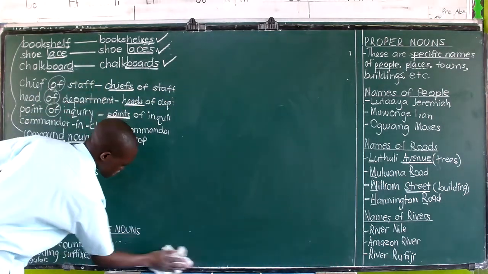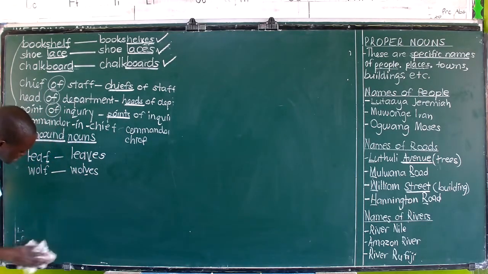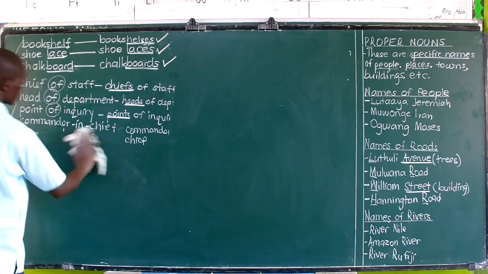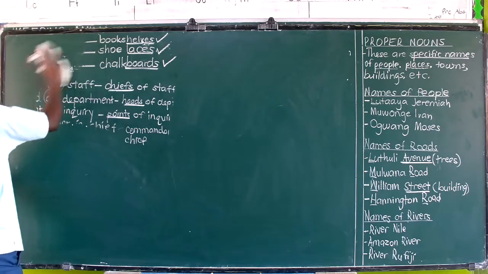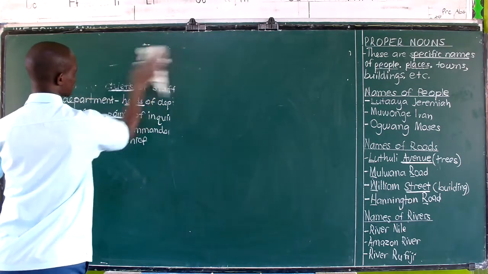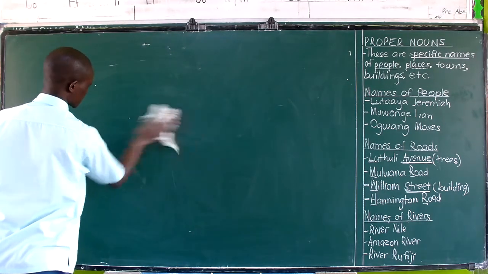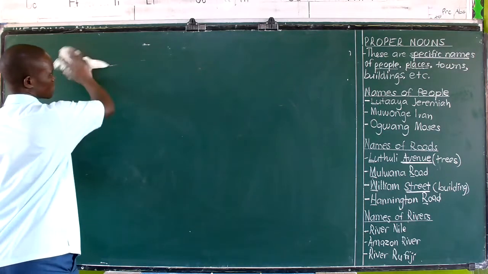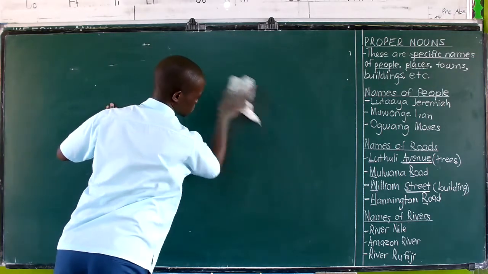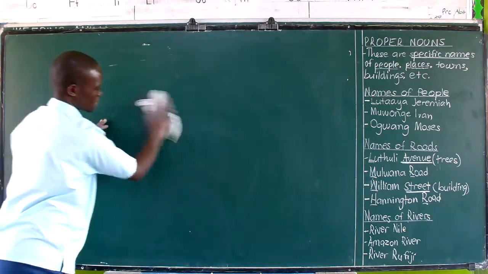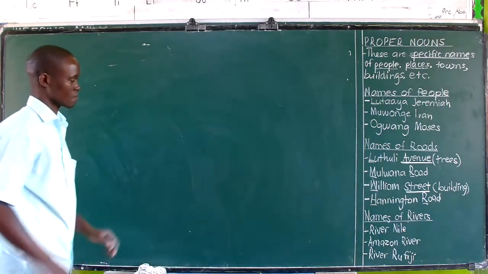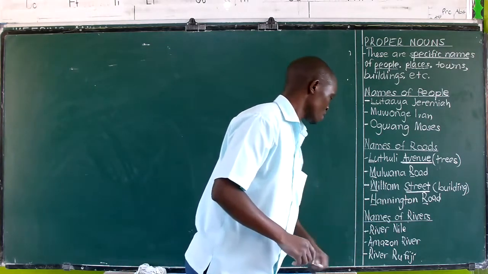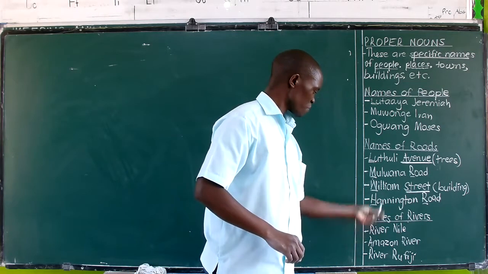The Amazon River is another example of a specific name of a river. It is found in South America. One of the countries through which it flows is Brazil, and it is one of the largest countries in the world. That's Amazon River, a proper noun.